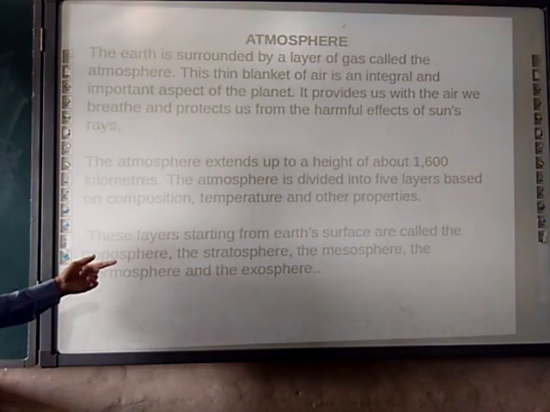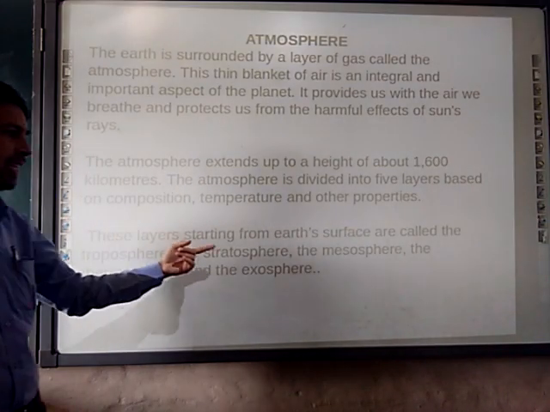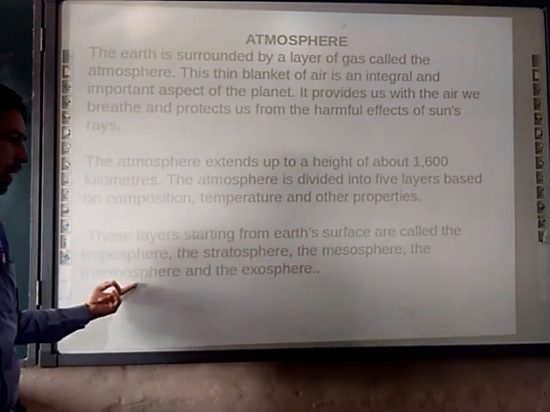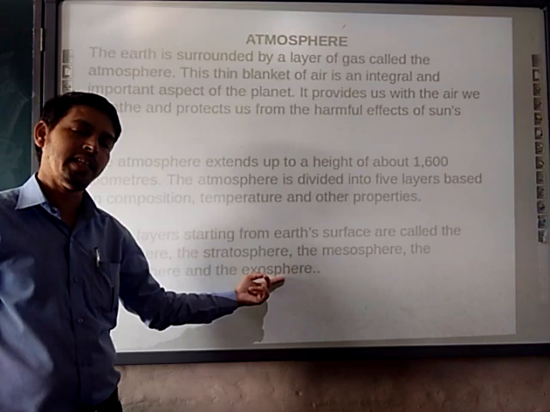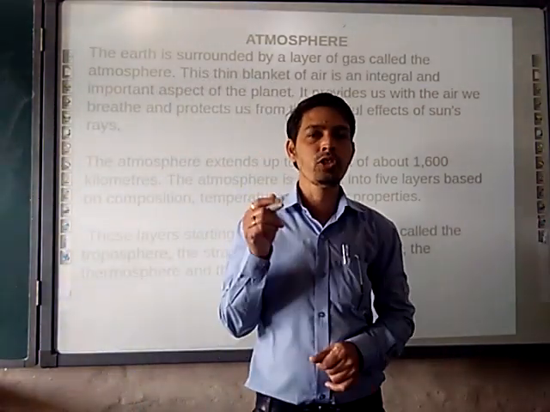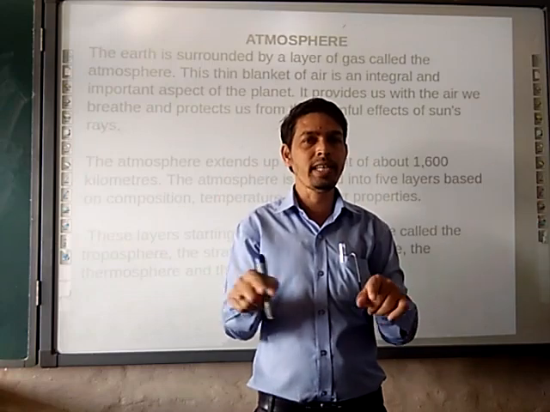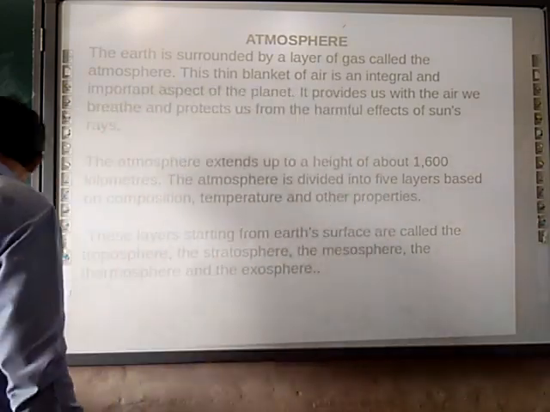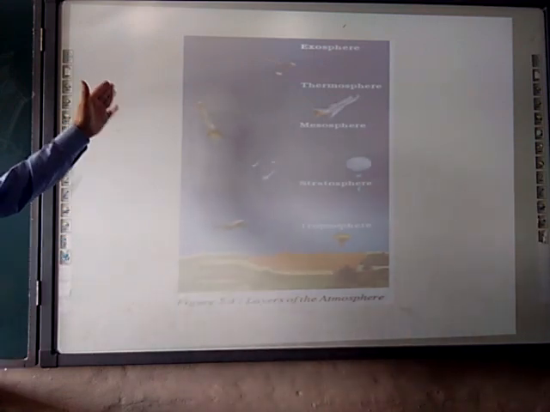First, we have the troposphere, then the stratosphere, then the mesosphere, then the thermosphere, and lastly the exosphere. The diagram is placed in your textbook. Your job is to draw that diagram in your notebook, right? Let's see this diagram.